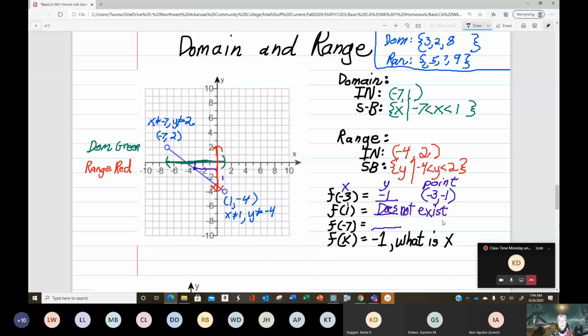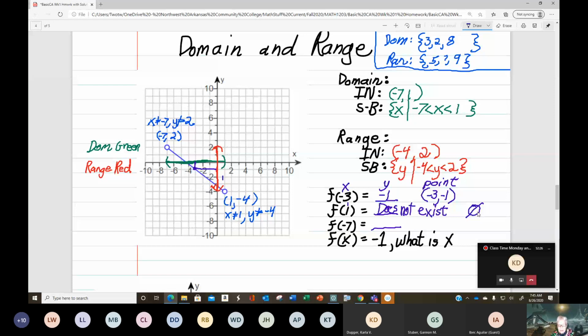Because you can't take f of something that doesn't exist. Another way to write this is a circle with a slash through it. Now I know a lot of people make their zeros this way, but really in math, what it means is the empty set, nothing, it's like a vacuum. There is absolutely nothing in there.